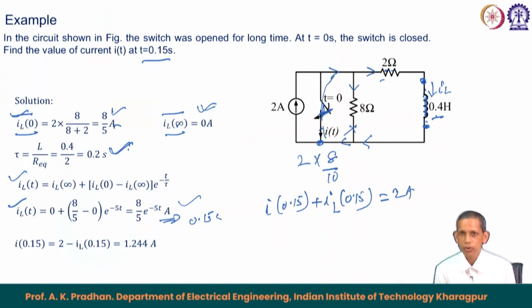From this we can find I at 0.15 second equals 1.244 ampere. So this is a simple circuit at a given instant of time. What is the current flowing in a particular shorted path was being asked, and we solved it using the generic equation for the current of the inductor.